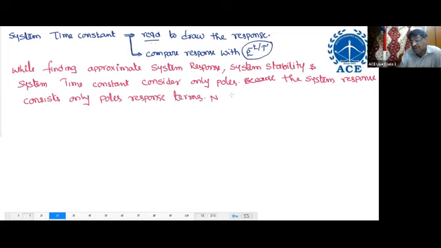No zero response term exists in the system response.